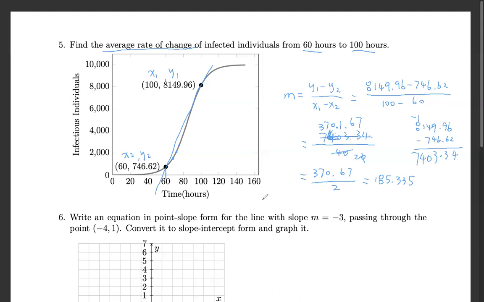So the average rate of change from 60 hours to 100 hours is 185.335.